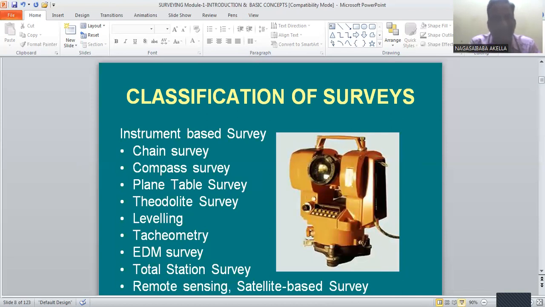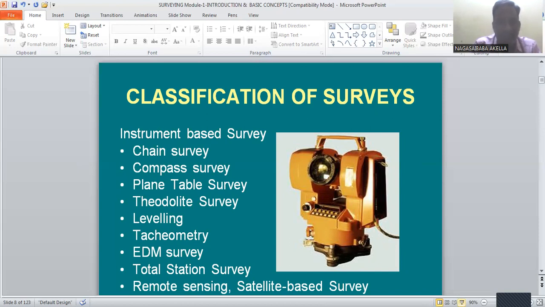Next, based on instrument, surveys can be classified as chain survey, compass survey, plane table survey, theodolite survey, leveling, tachometry, EDM survey, that means electromagnetic distance measurement, total station survey, remote sensing, and satellite based survey. If you use a chain, it comes under chain survey.